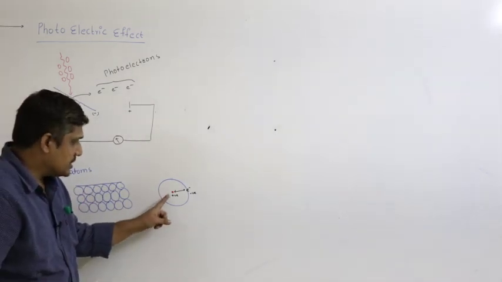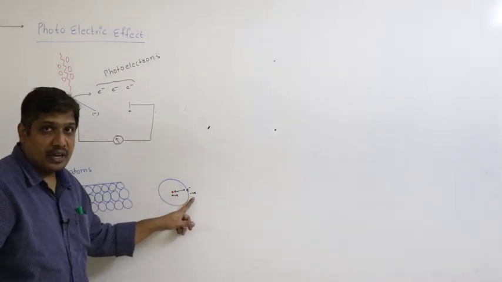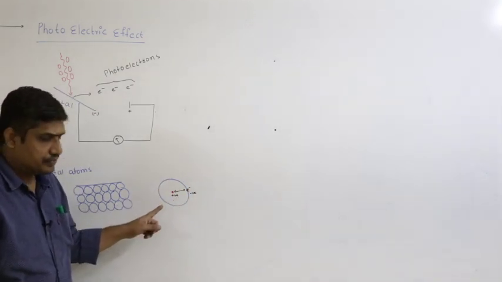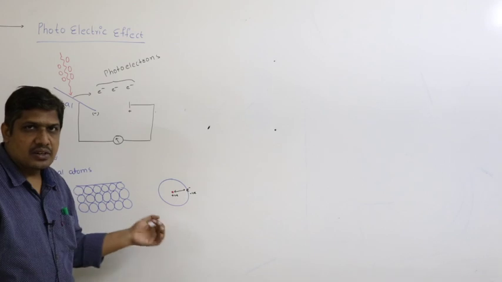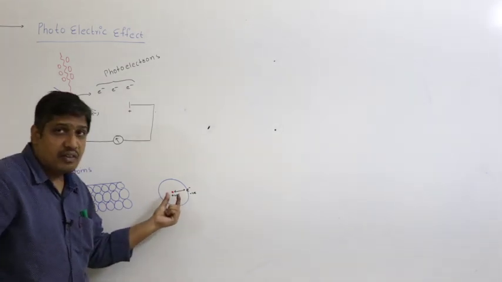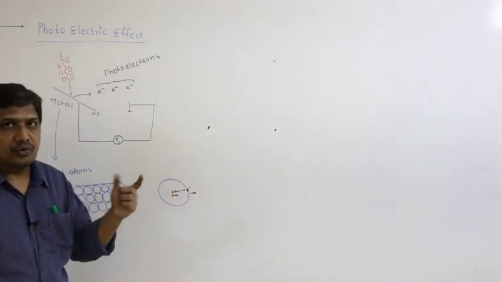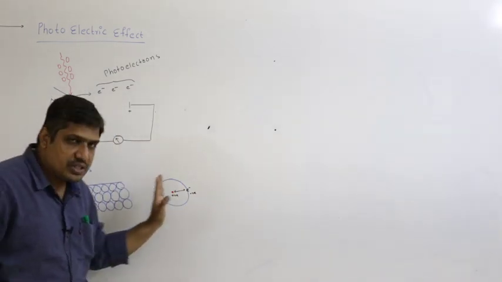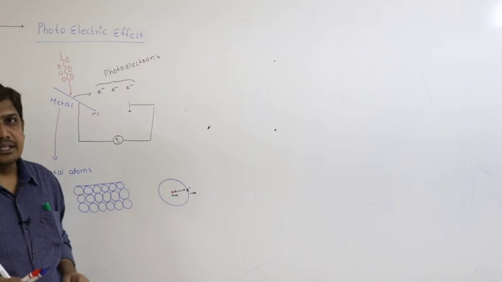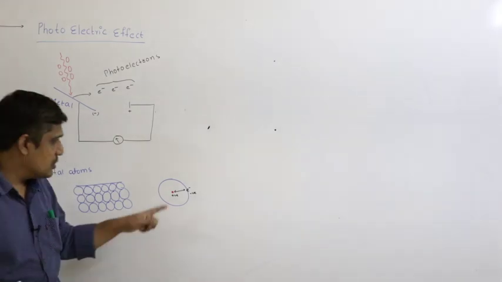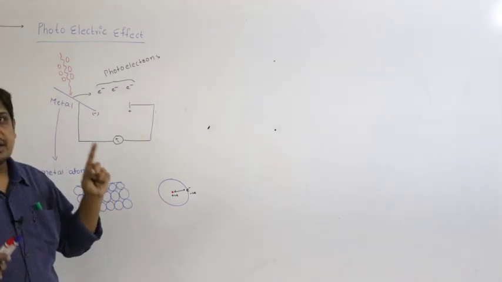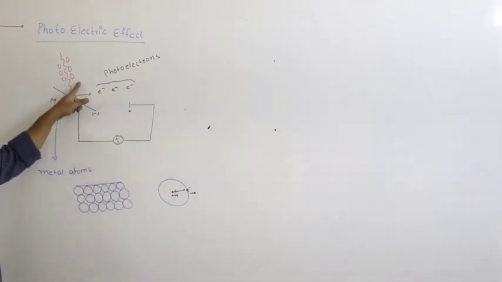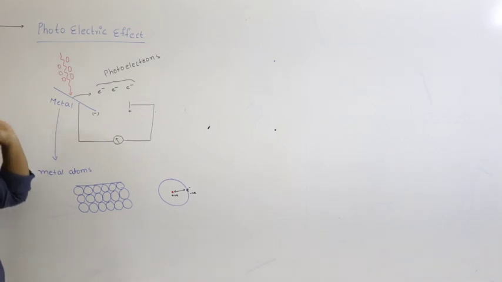There is attraction between nucleus and electron, but as long as the electron revolves in the same orbit, it neither loses energy nor gains energy, but it is under the influence of nuclear attraction force. If I want to knock out this electron, I have to supply energy. For what am I supplying energy? To overcome the nuclear attraction force. So how are we supplying that energy? By allowing the light radiation to fall.